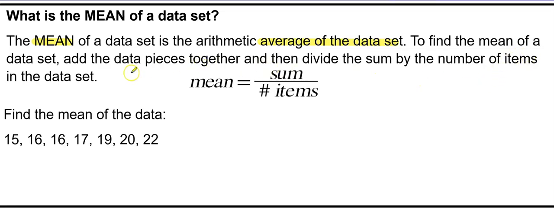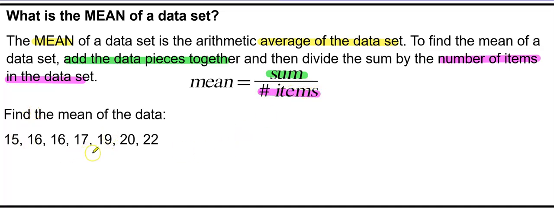So to find the mean of the data set, add the data pieces together, that's the sum, and then divide that sum by the number of items in the data set. That's this number on bottom.